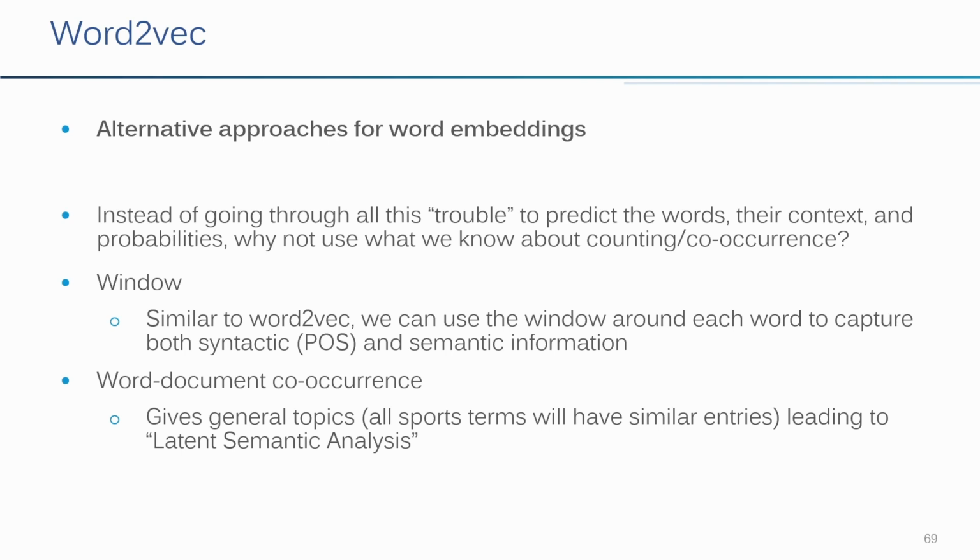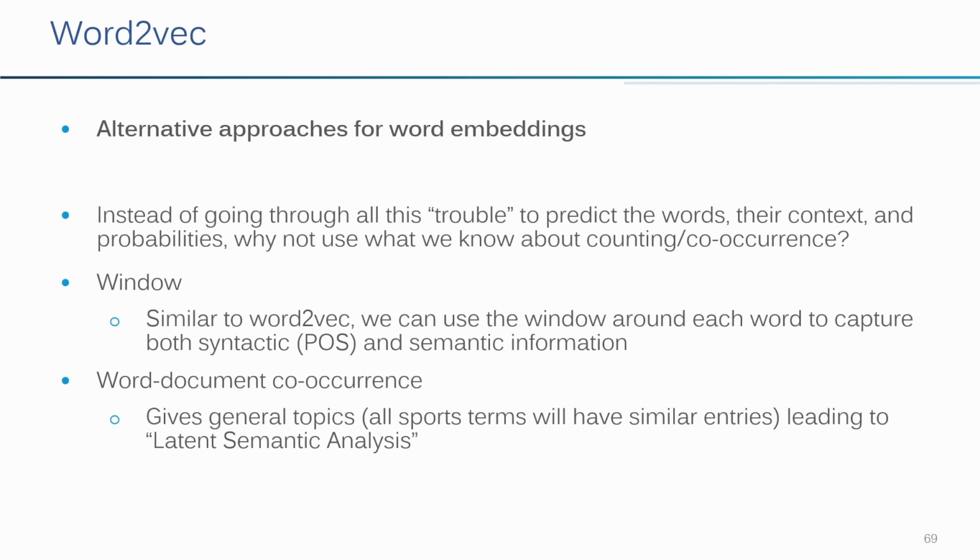So instead of going through all this trouble to predict these words, why don't we use something that we already know how to do quite efficiently and try to combine it with this to have a better representation? Of course, better is debatable, but you'll see that some other approaches, and we're going to go over some of them, will make use of both things, the prediction that we just used right now and also the co-occurrence of words, okay?